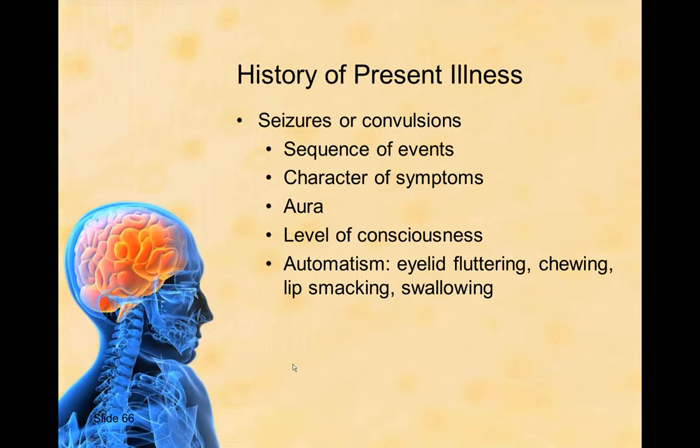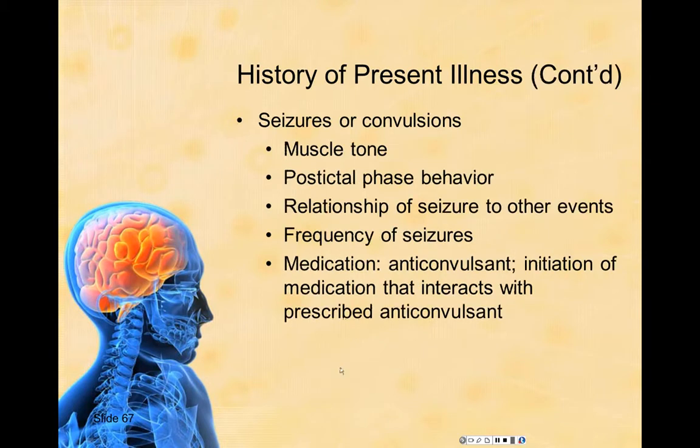What was the character of the symptoms? Was there an aura? Was there an alteration in level of consciousness? Did they have any kind of automatism, such as eye fluttering, chewing, lip smacking, swallowing, etc.? We also want to ask about muscle tone, whether there was a post-ictal phase, and if there was, what kind of behavior was observed.